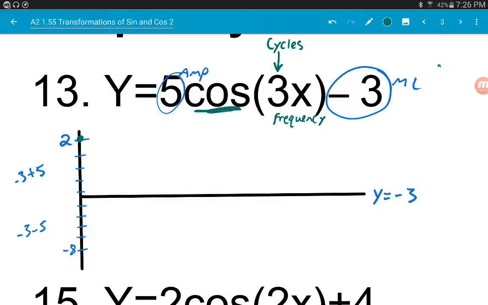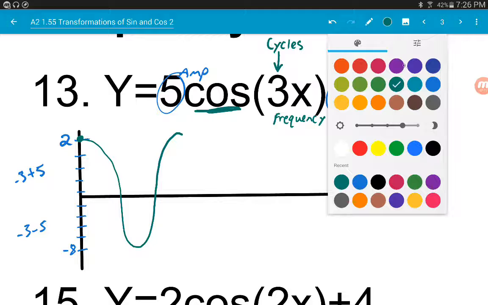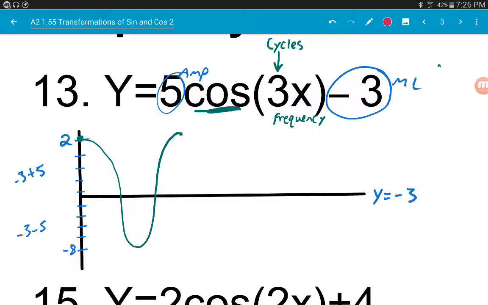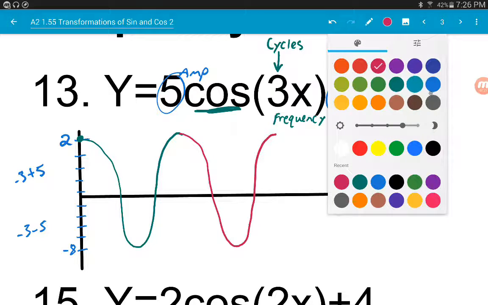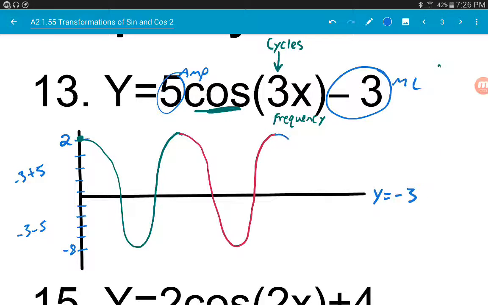It goes down to the minimum and then comes back up to the top. That's one cycle. Looks like a U. Now let's do another cycle, down to the minimum and back up. And one more in blue, down to the minimum and back up.